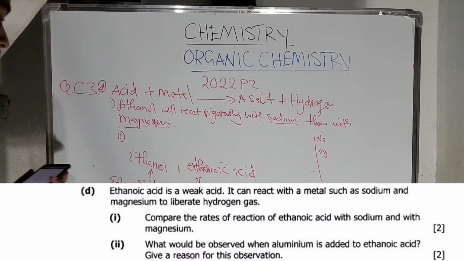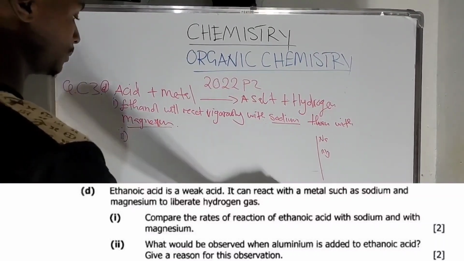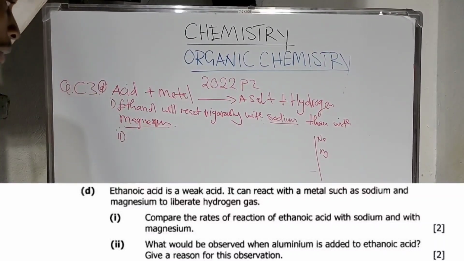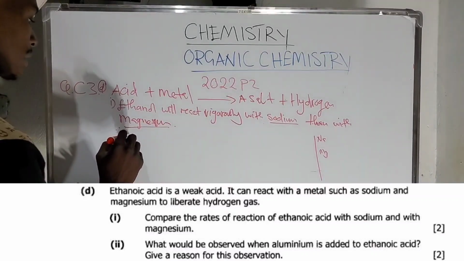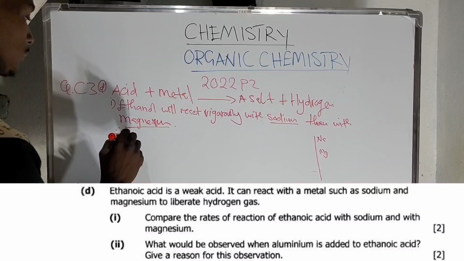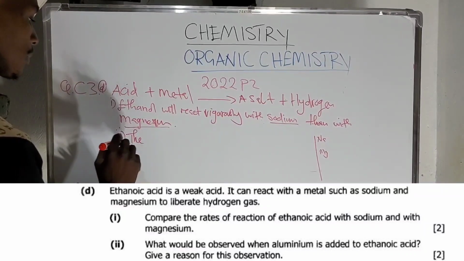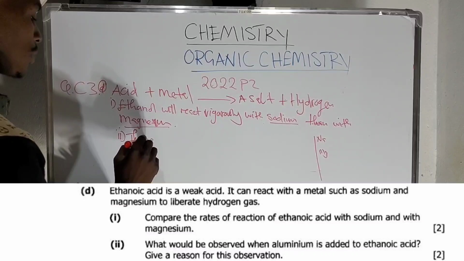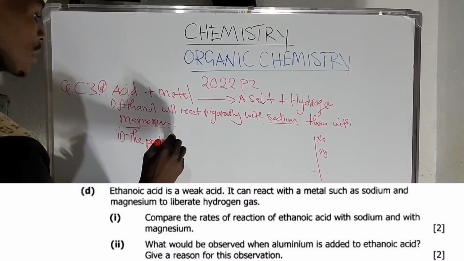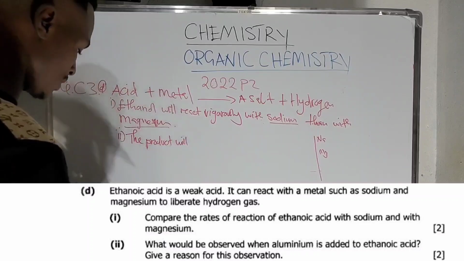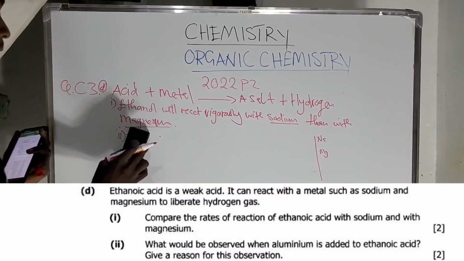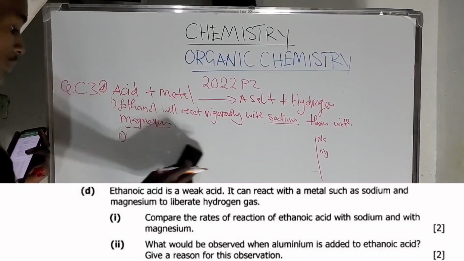When aluminum is added to ethanoic acid, we can say a lot of observations and what will happen.